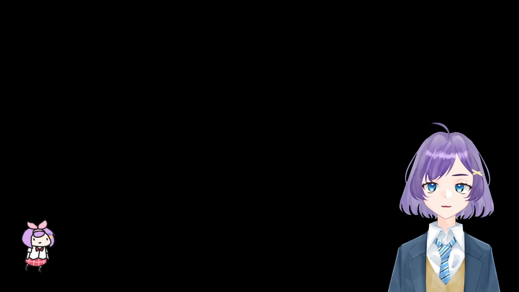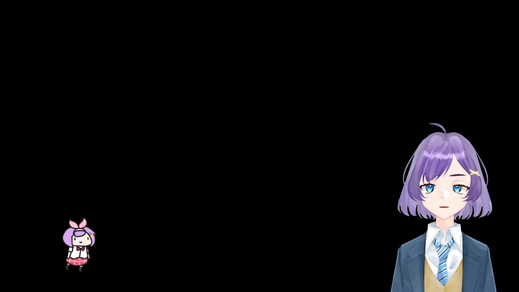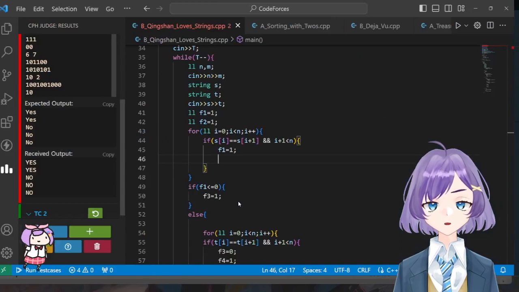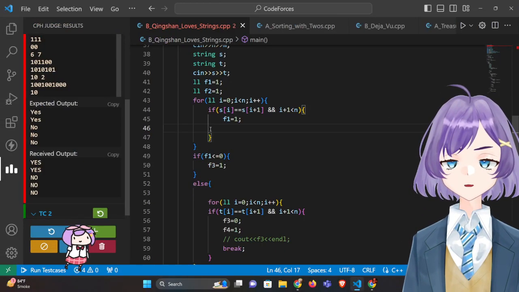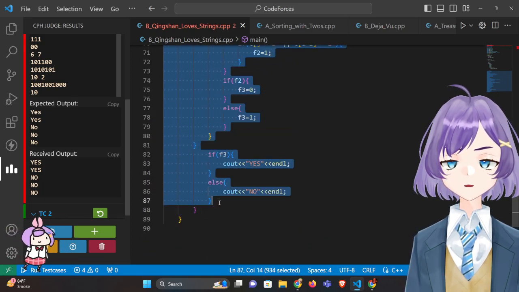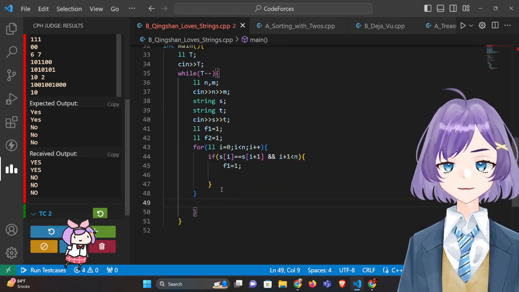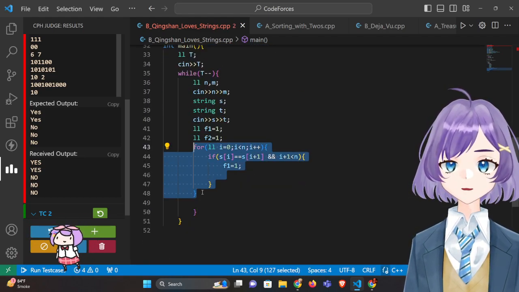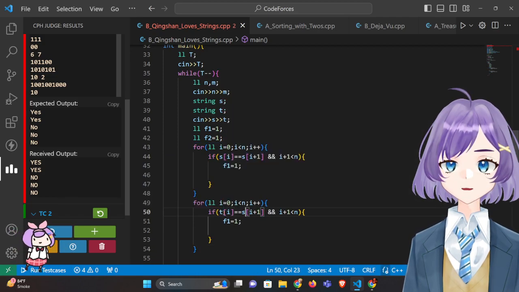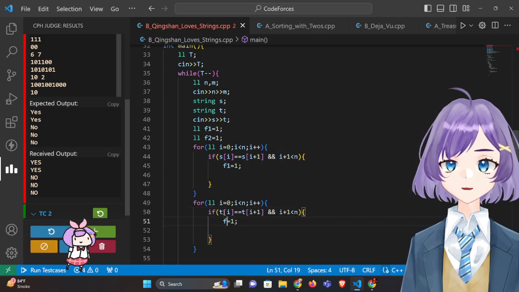Let us try writing a different thing. I'm not so sure, but let's see. Control C, Control V. If T of I is equal to T of I plus 1, F2 equals 0.